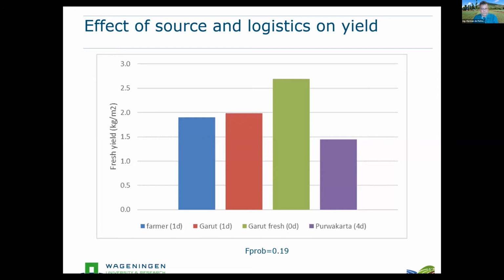Although the results were not significantly reliable, the impression was still there that the quality and the source have a big impact, but also the duration of the period between uprooting and final planting.